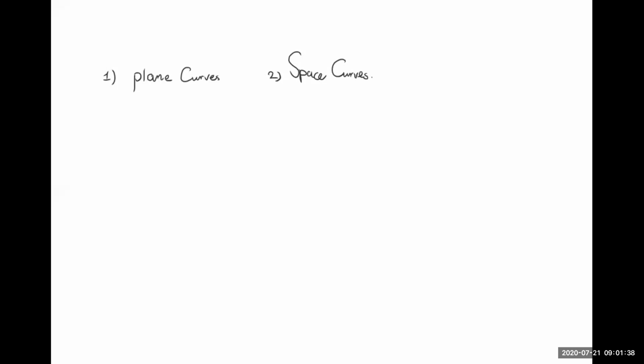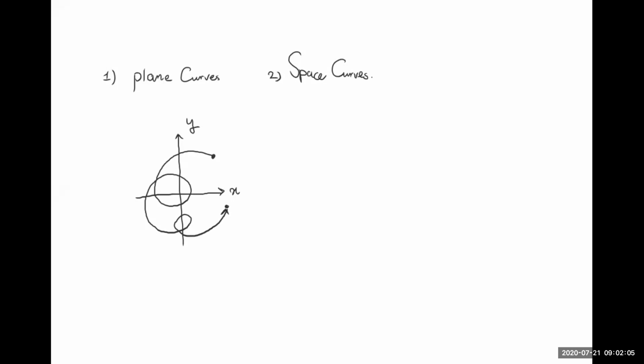So what do I mean by a plane curve? Well, basically, look at the plane R2. There's the x-axis and y-axis. A plane curve is anything of this form. It's just a curve which goes around. So let's say it starts at some point and then it gets to this point, right?